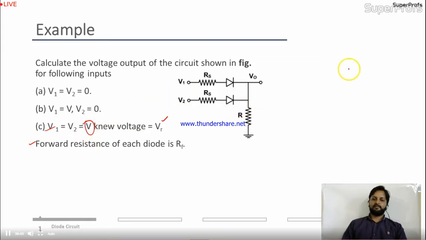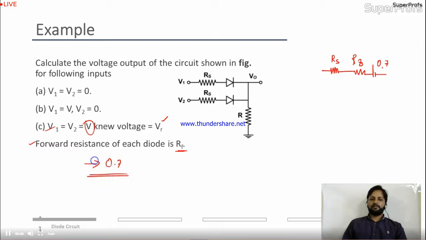Let's take 5 volt over here. Both diodes will conduct. I can replace the diode with RF and 0.7 like this. This is RF and this is RS. RF is given already. But in this case, they have not given the potential 0.7 drop.